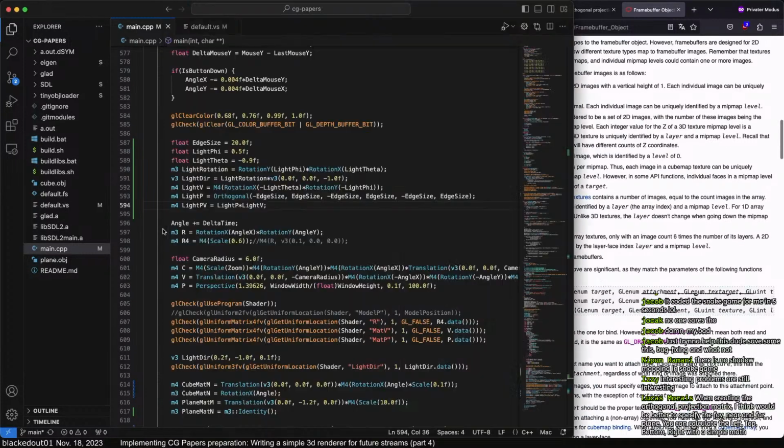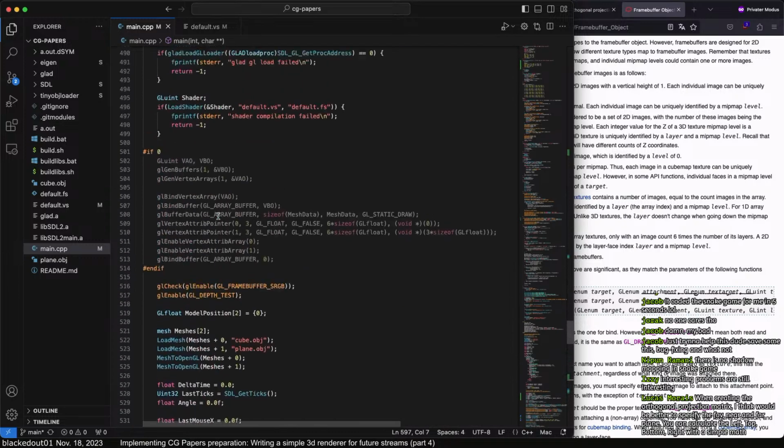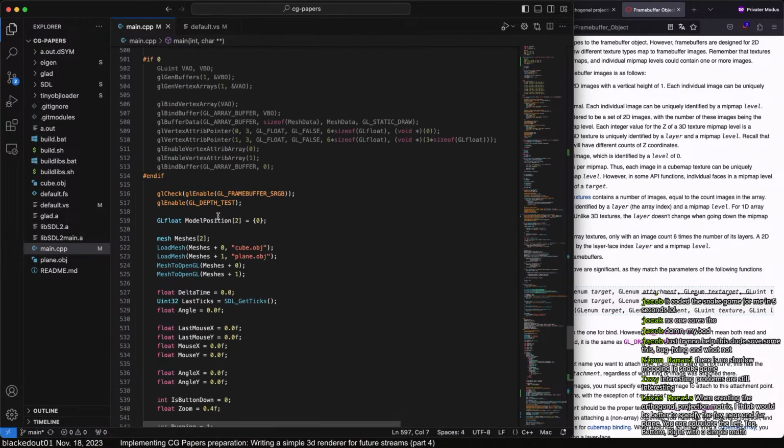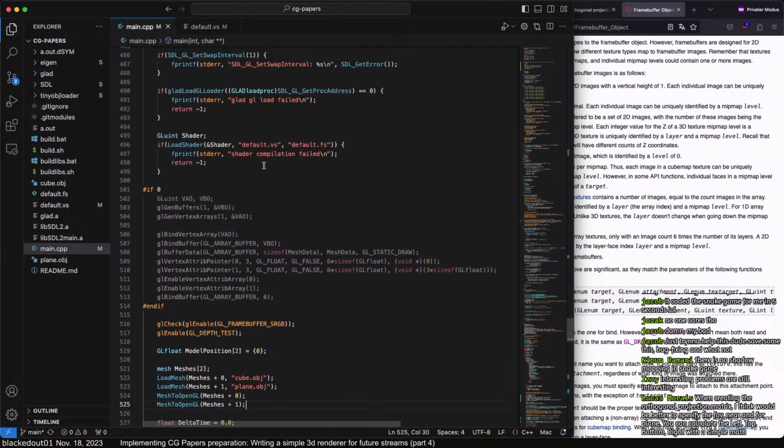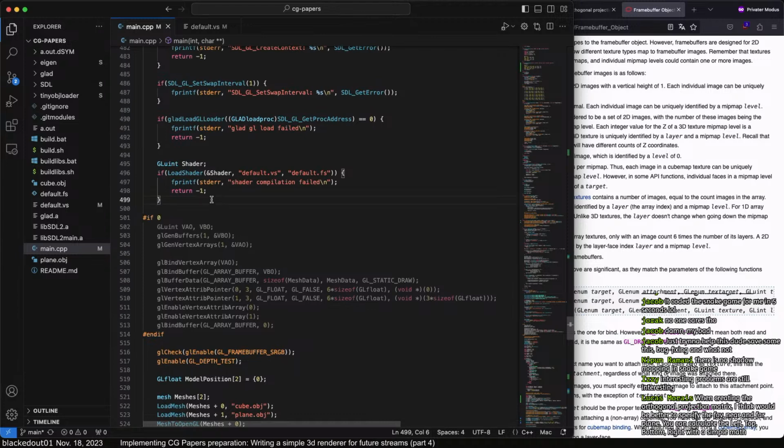So basically you create a frame buffer. Let's just do this while talking about it.